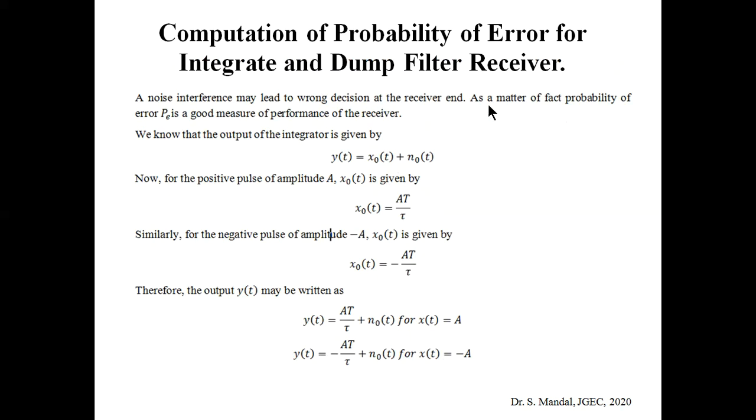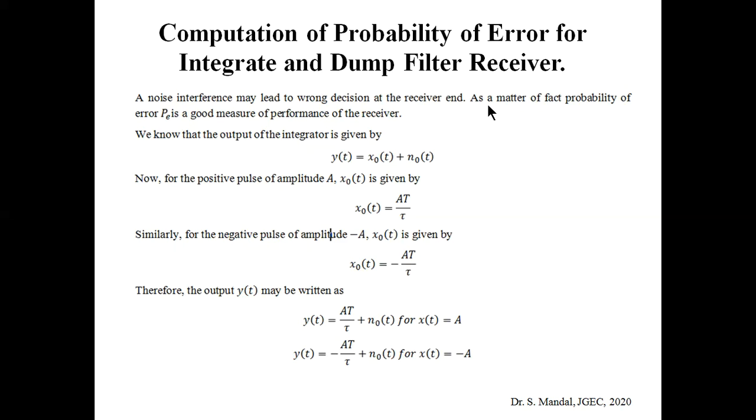Next, we want to find out the probability of error for the integrate and dump filter receiver. So let's calculate the corresponding probability of error. During the transmission of the signal through the channel, noise may interfere with the signal, and it may also lead to a wrong decision at the receiver end.